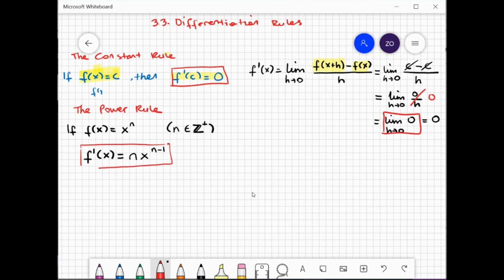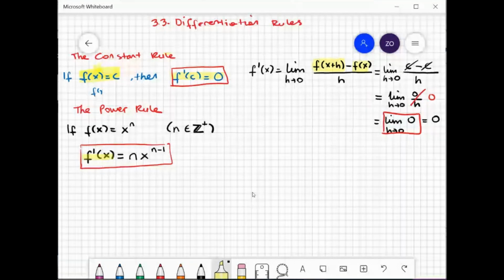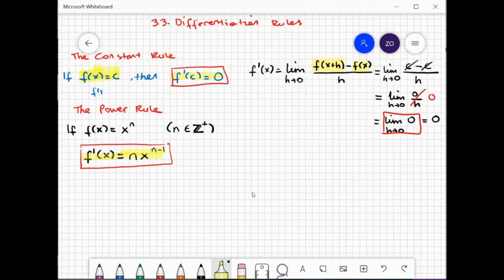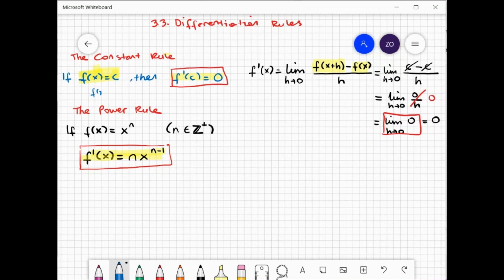The derivative of a power function, a function of this type, x to the n. To find that, we just take the exponent to the front and decrease the exponent by 1. I will skip the formal proof for any integer n, but we can just take n equal to 3 and work that out.